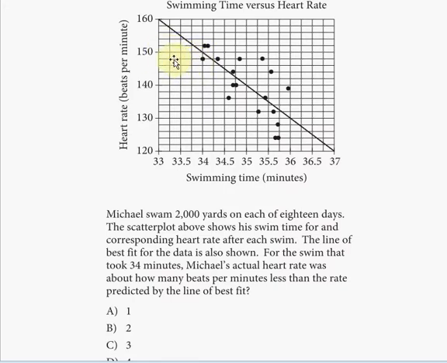So let's see what the increment is for each line as we go higher by one line. We have 140 and 150. Now the chunk of 10 beats per minute, this distance here between 140 and 150, is divided by how many parts? 1, 2, 3, 4, 5.